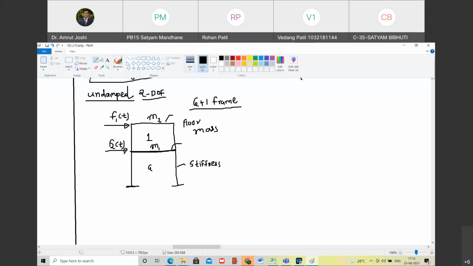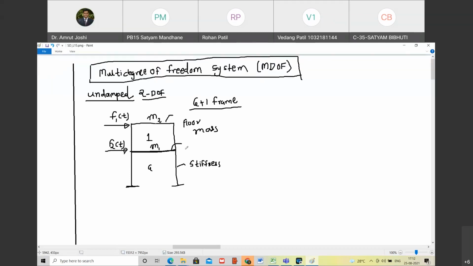We will perform a thought experiment. Let us say the displacement at the first floor as a function of time, I am going to call it as u1 of t. Are you with me? Yes, sir. And displacement at the second floor, I am going to call it as u2 of t. I assume that u2 of t is greater than u1 of t.